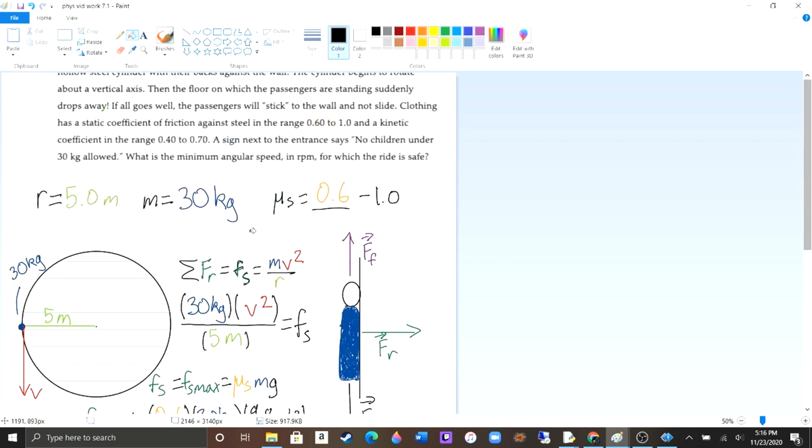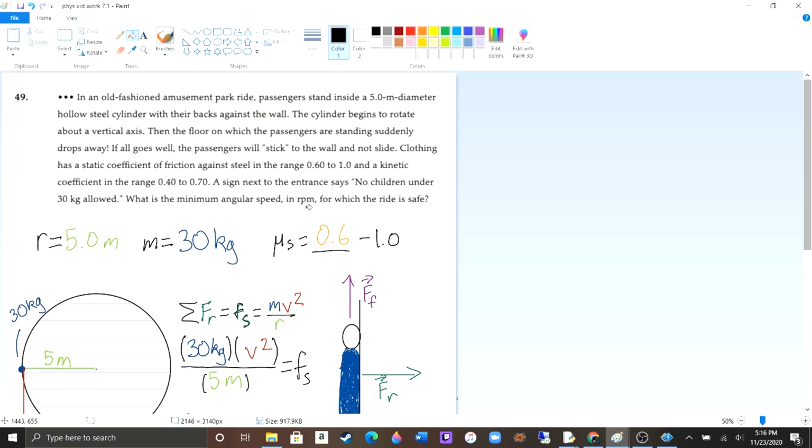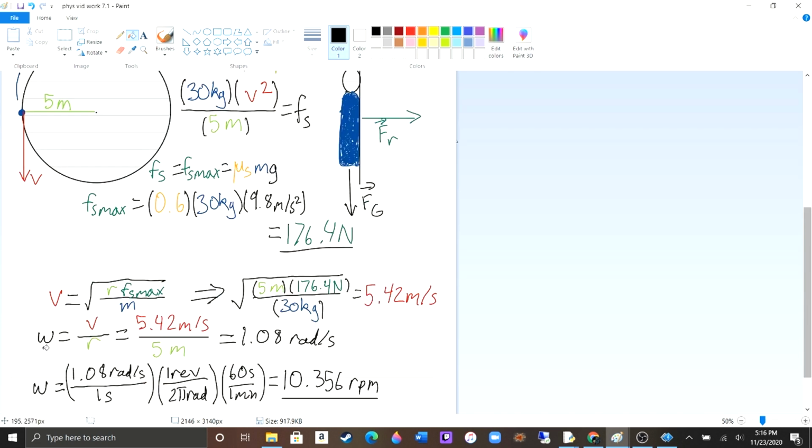But that's in meters per second, and it wants it in RPM. So this right here is going to stand for our speed of rotation. We can solve for radians per second with our speed divided by our radius.